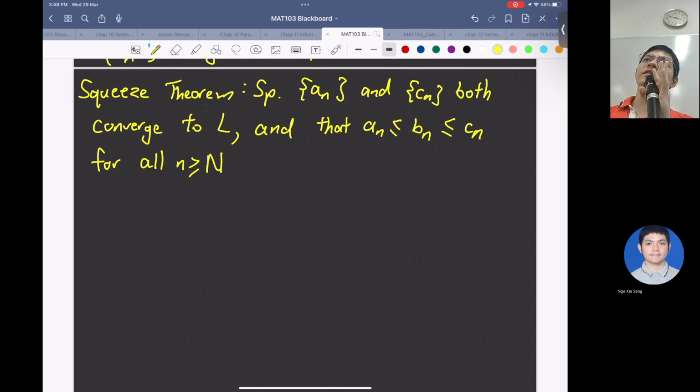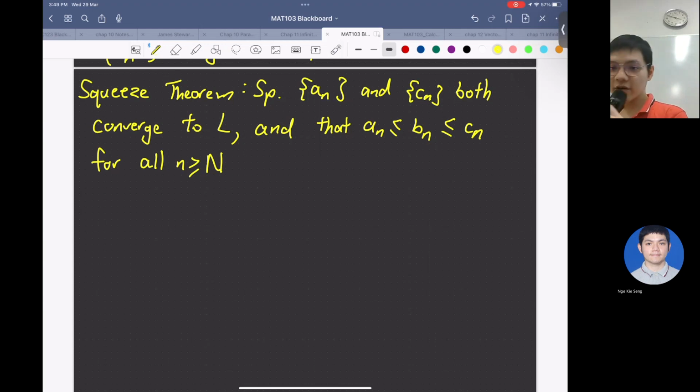For sequences, if you look at the definition of limit, we only care about n that is far behind. We don't care about finitely many n, even if they are very far from that limit. That's fine, as long as far enough out I can find terms that are close to the limit.